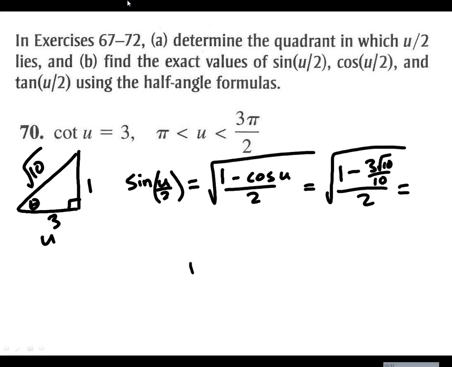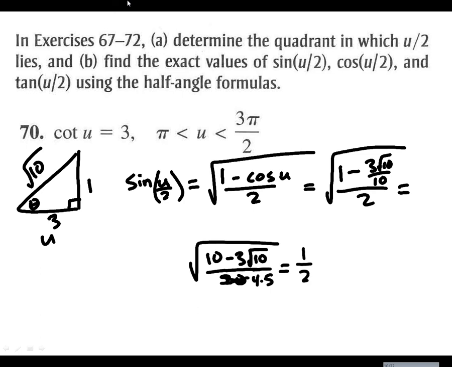If we clean this up, it becomes the square root of 10 minus 3 rad 10 over 20, where 20 is our denominator. And 20 breaks up into 4 and 5, and we can take the 4 out as 2. So 1 over 2, the square root of 4 is 2, times the square root of 10 minus 3 rad 10 all over 5.